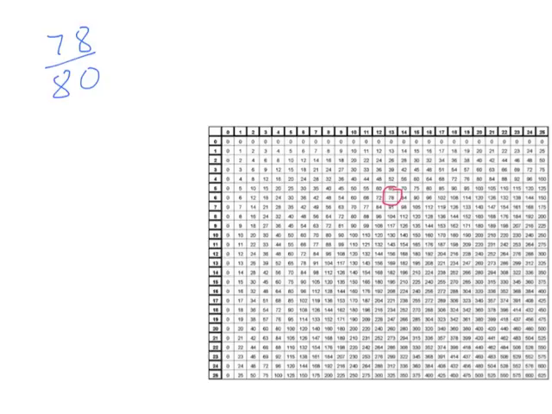Now, if we try and use the number 6, it won't work because although 78 divided by 6 is 13, which is a whole number, the problem is 80 divided by 6 doesn't equal a whole number.